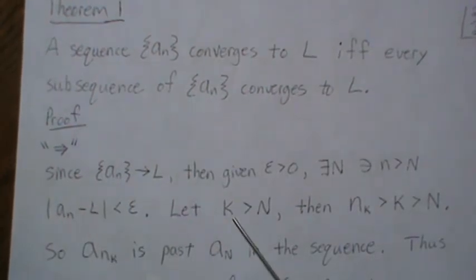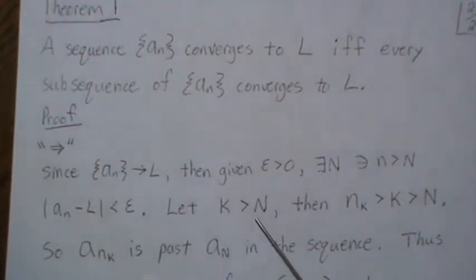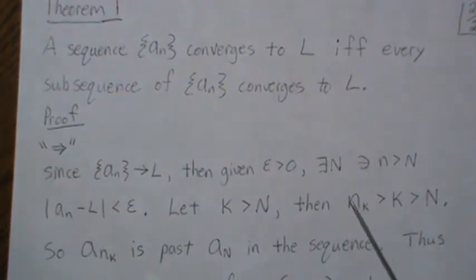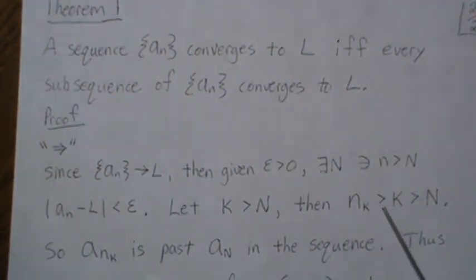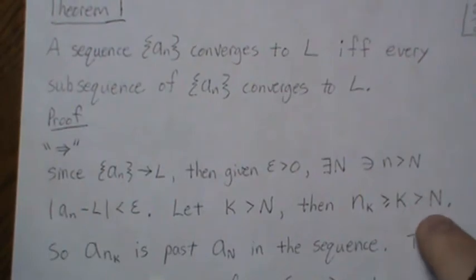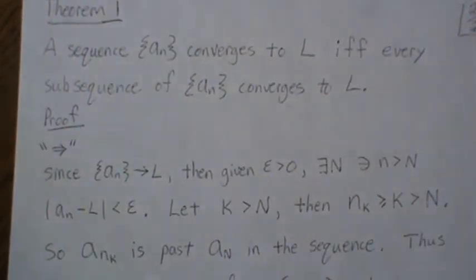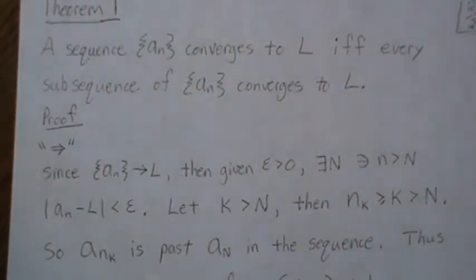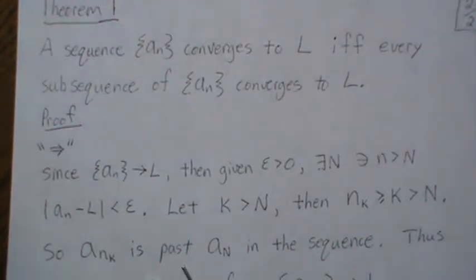Now, let k be greater than N. Then n_k is greater than or equal to k, and k is greater than N. Now notice that a_{n_k} is past a_N in the sequence.